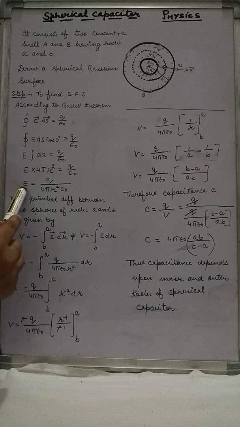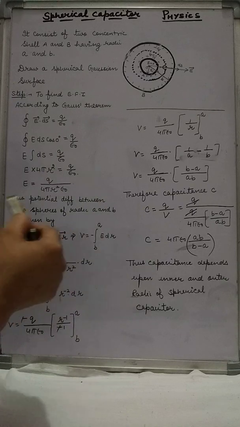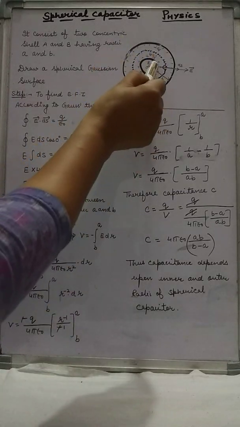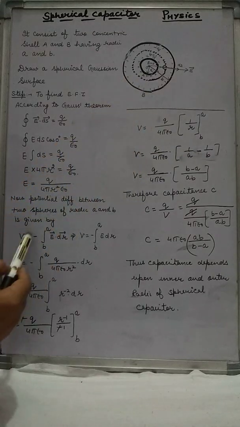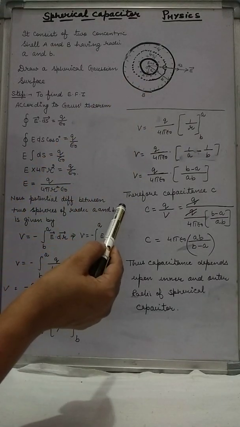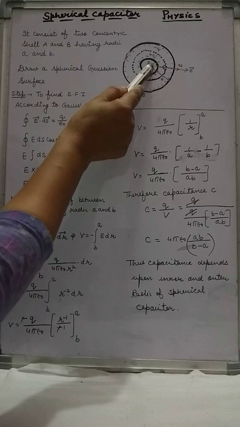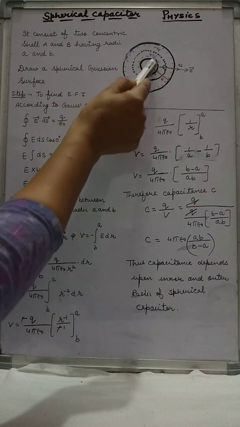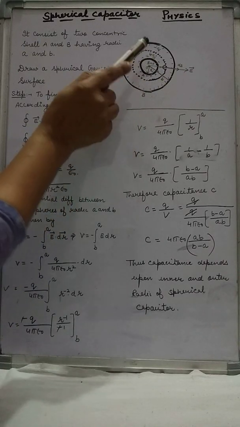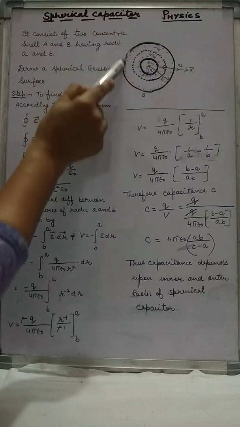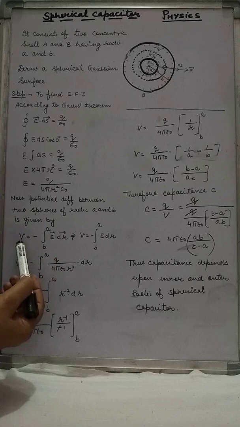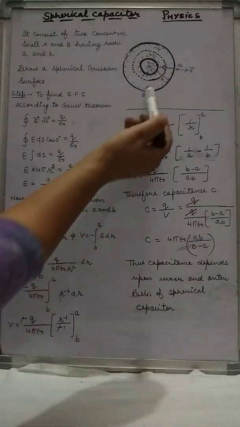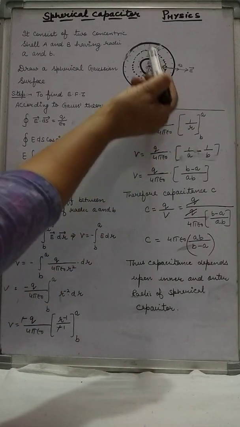Now we have calculated the value of E. Now the potential difference between the two plates, plate A and plate B, having radius A and B. The smaller sphere has radius A, and the greater sphere has radius B. Therefore the potential is from B to A, not A to B, B to A.